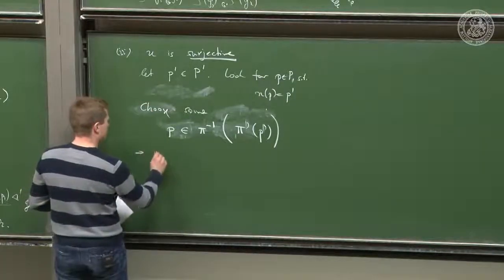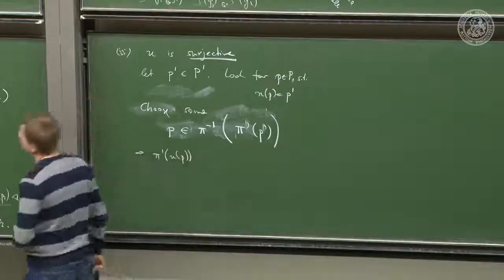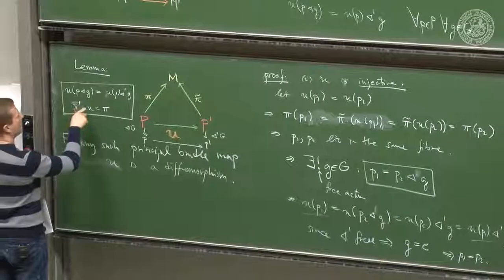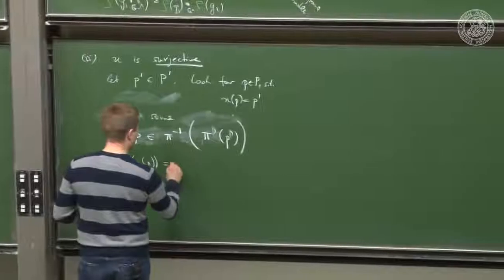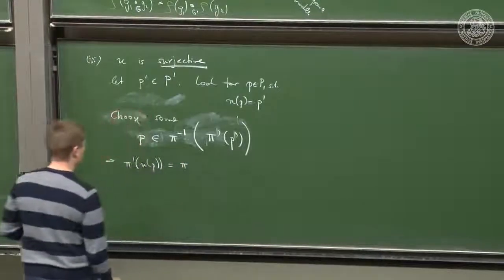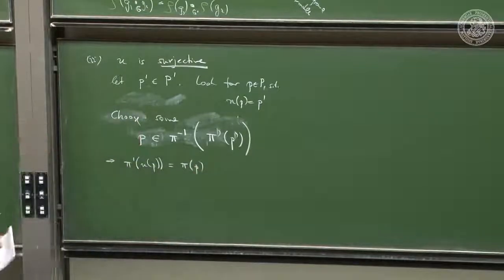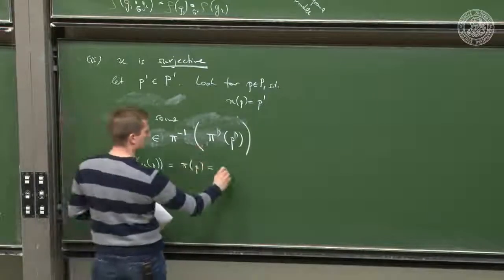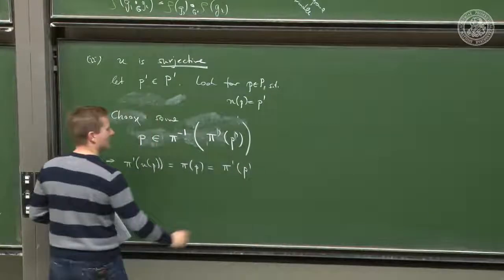But then I find that pi prime of u of p, let's see what that is. I wrote pi twiddle here. It's a pi prime, of course. So pi prime of u of p is nothing but pi of p. Okay, so I have this. And pi of p, by assumption, is the same as pi prime of p prime.